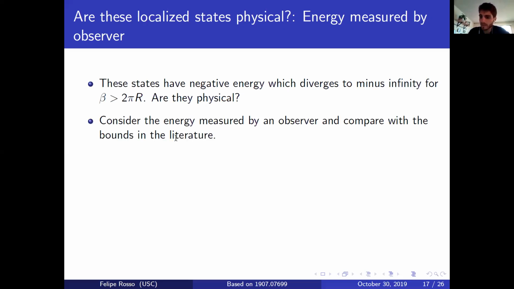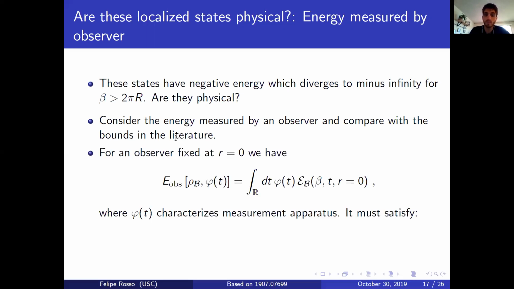In order to address the question of whether these states are indeed physical, we are going to consider an observer inside the causal domain of the ball, and consider the energy measured by this observer. More precisely, we're going to consider this quantity over here: the energy observed by the observer in the state rho beta.